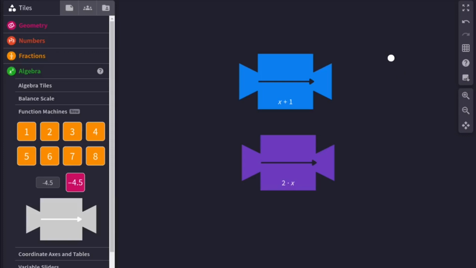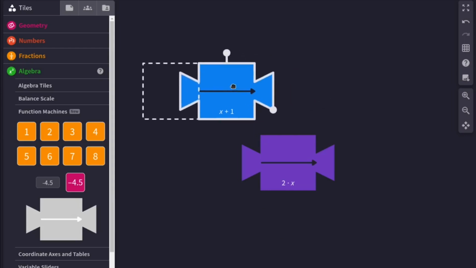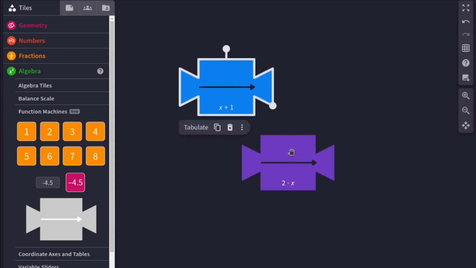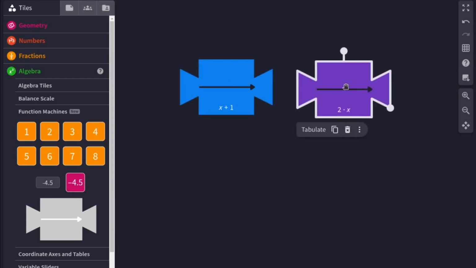All right, now let's use function machines to understand how composite functions work. Let's see how the collective behavior can be understood using the function machines that we just built previously. So the first function here is x plus 1, which adds 1 to the input, and the next one multiplies it by 2. So what I'm going to do is first carry out the blue function and then the next one, so in series.